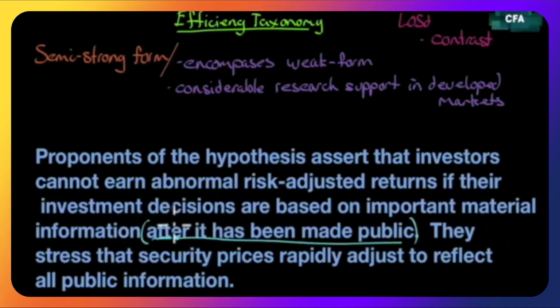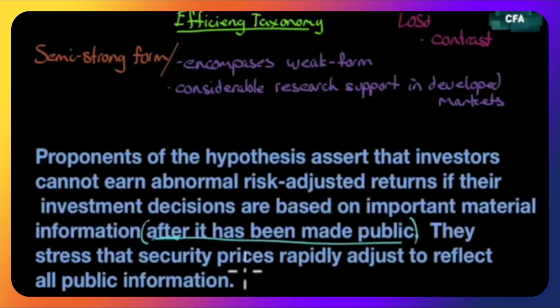In other words, your analysis has to anticipate this information, not wait for it to happen. You have to already know or already have a very good belief of where things are going. You can have superior information processing skills, but you cannot wait until after it has been made public and hope to do better than the market.